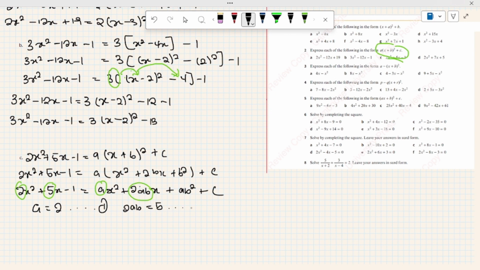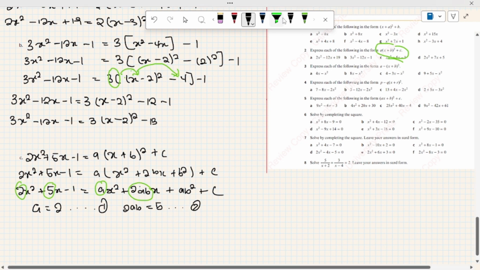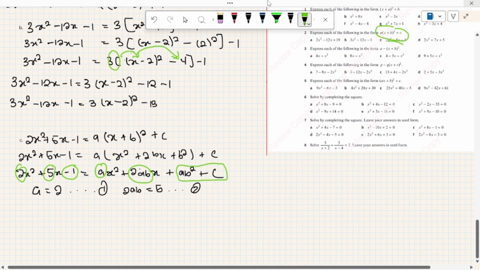This is our second equation. And then we're going to look at the constant. The whole ab squared plus c is going to represent our constant, and our constant is minus 1. Right. So let's write it down.